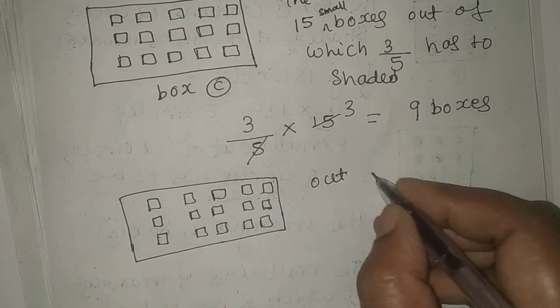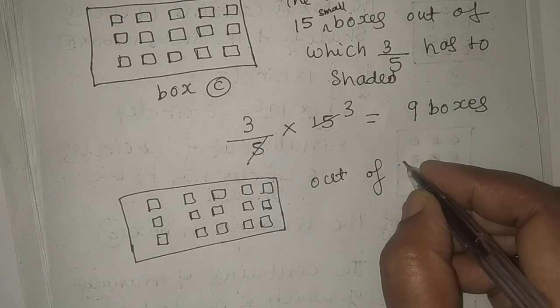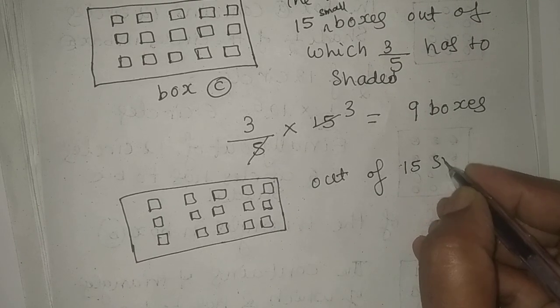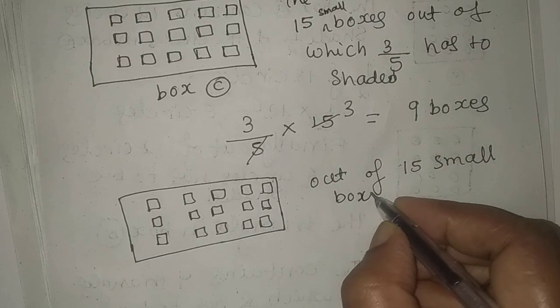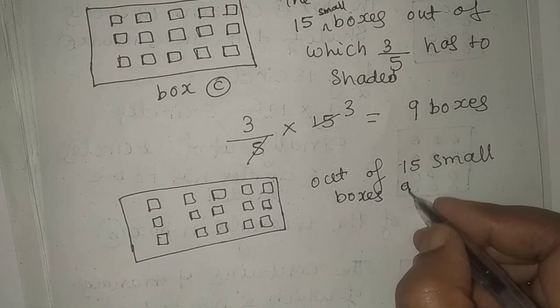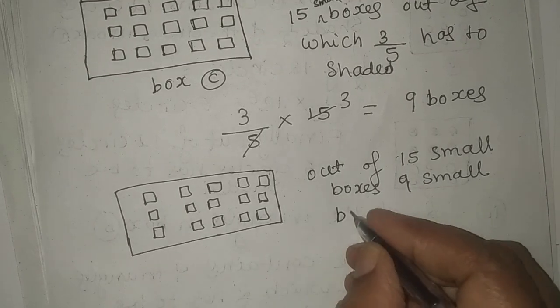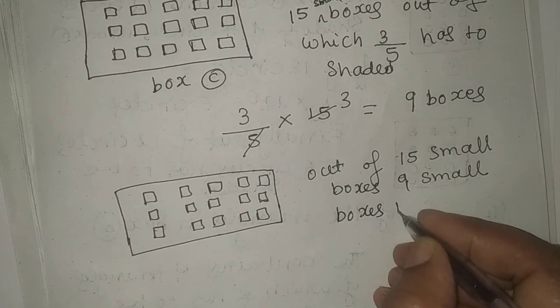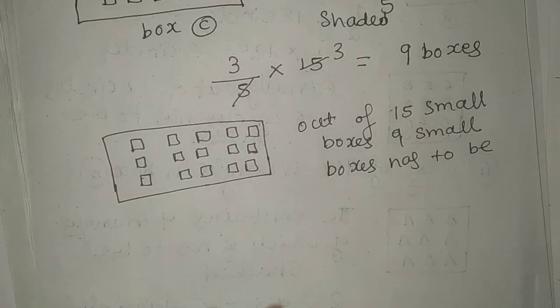Finally write down, out of 15 small boxes, 9 small boxes has to be shaded.